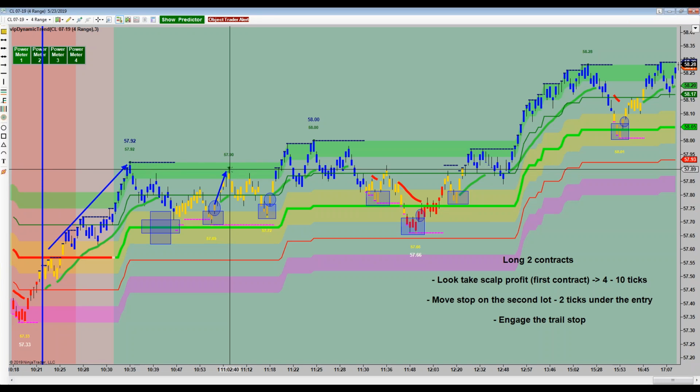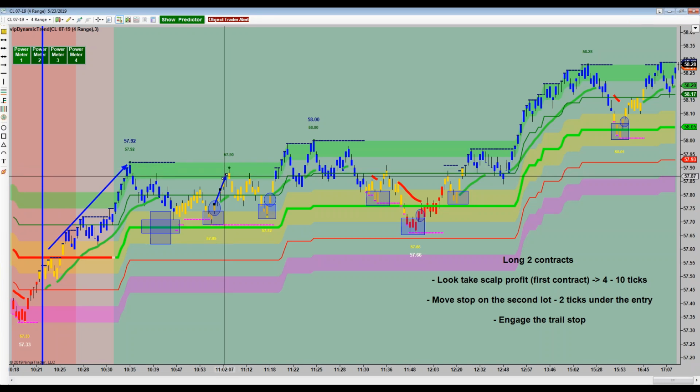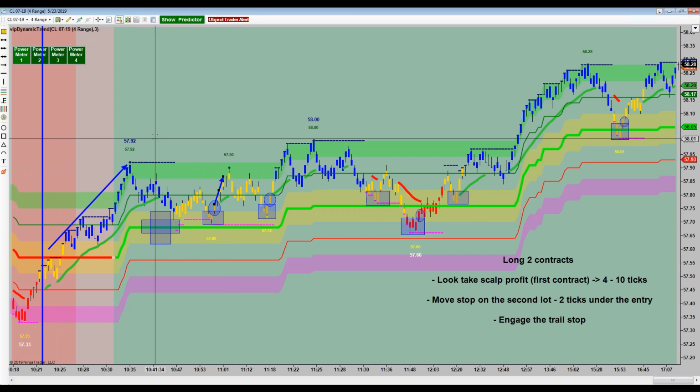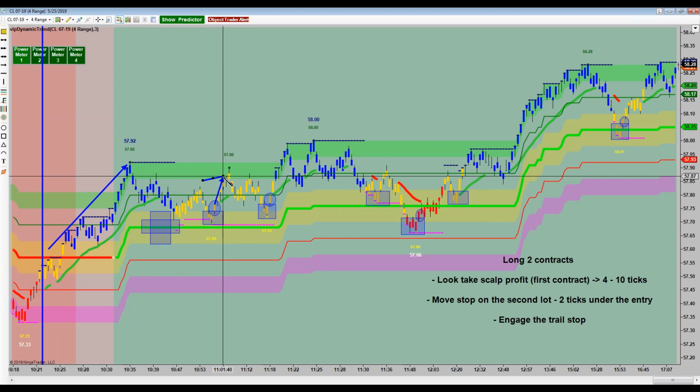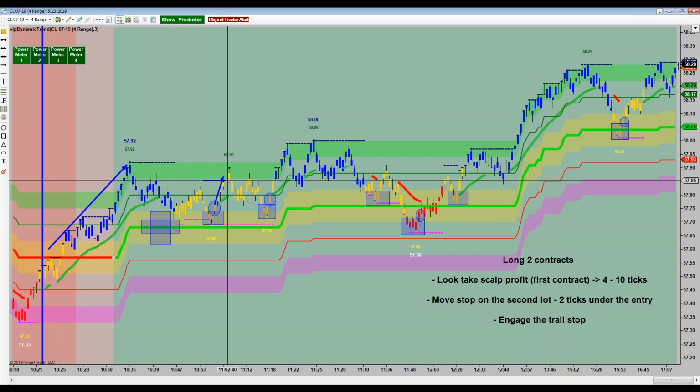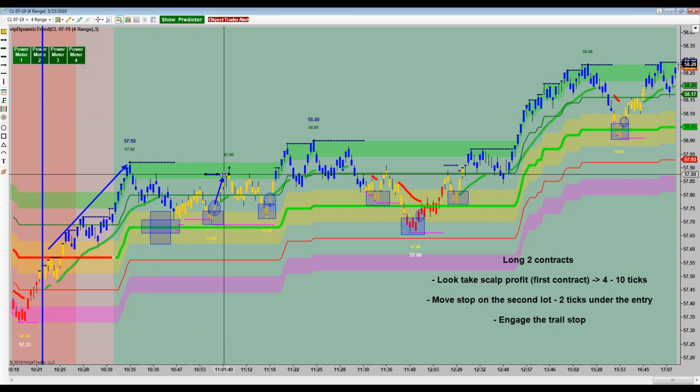So in the case of crude, if you had a 10-tick scalp target on, was it hit? Did you get your scalp target off? Yes, you did at 87, right? Right here, 87, you got your scalp off, right?